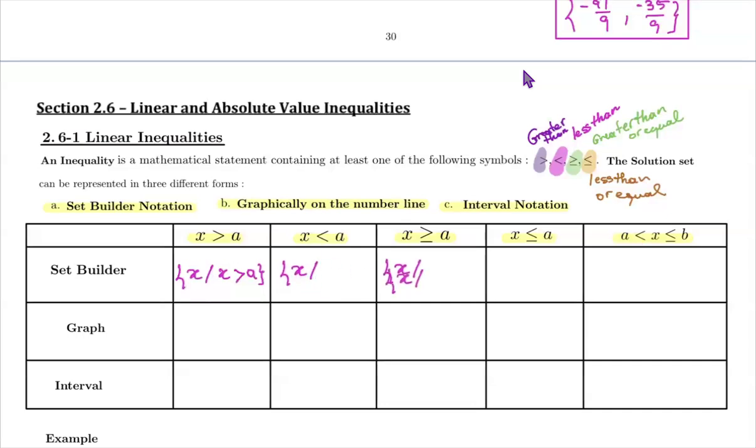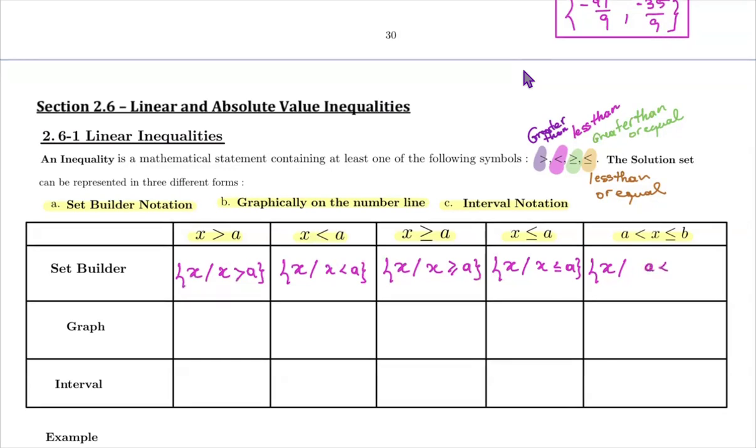So I'm going to copy this first part of the set builder for each of them. x such that, x such that, and x such that. Then I'm going to write the same inequality: x less than a, x greater than or equal to a, depends on how the solution is presented, x less than or equal to a, and a less than x less than or equal to b.